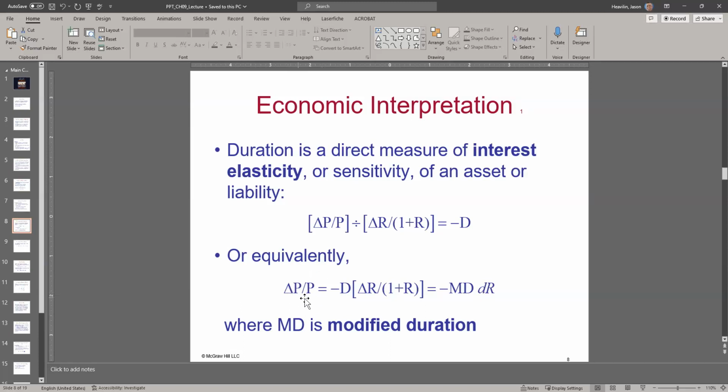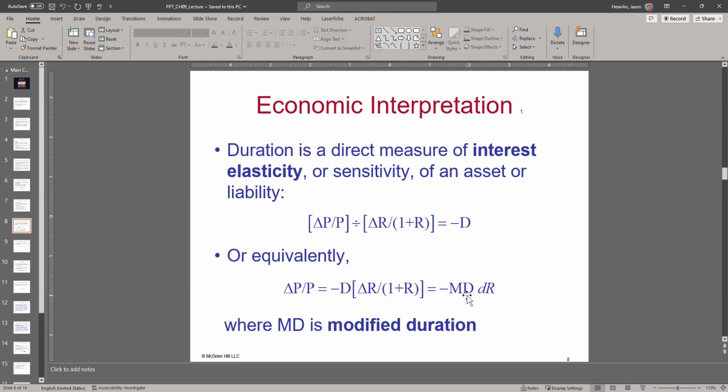So the change in price divided by the price itself will give you this formula. Remember again, once you calculate duration in a different calculation, you bring it in here. You have to put that negative in front of it, and then you use the interest rates in the brackets, and that gives you that.